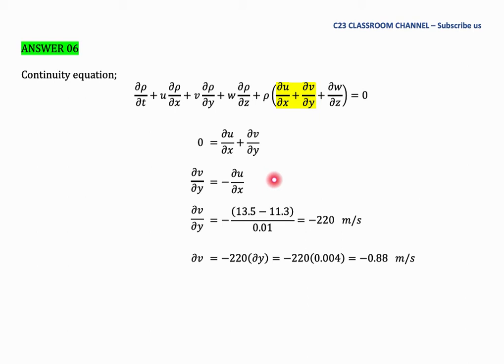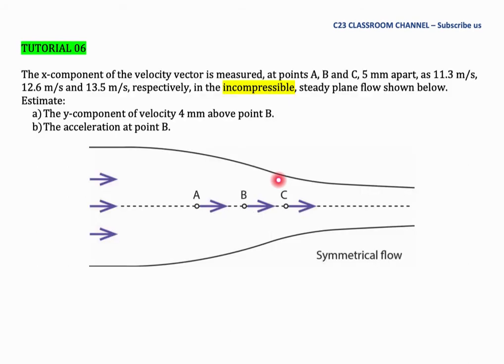Usually in this condition, we have 3 points here, and we will use points A and C. So we have A as 11.3 and C as 13.5, because it makes our calculation more accurate to have the value between these two values.